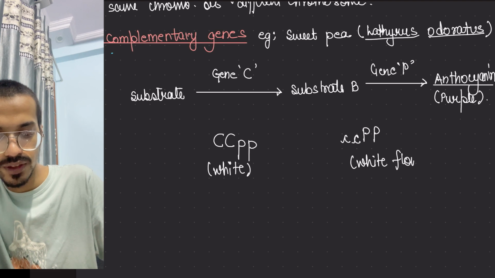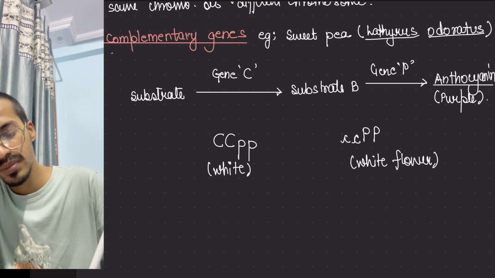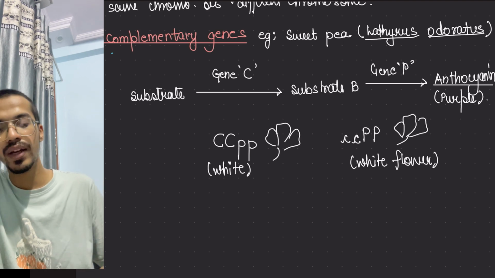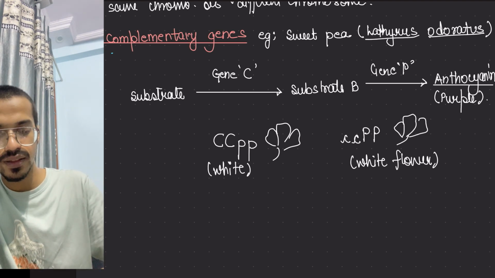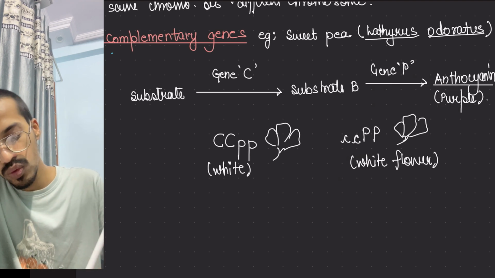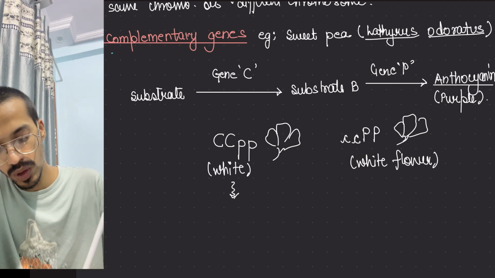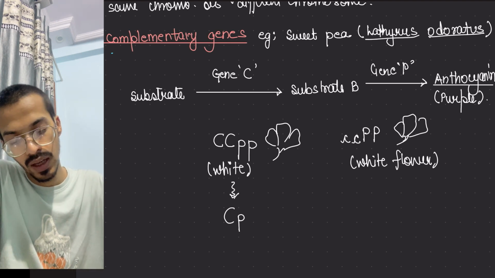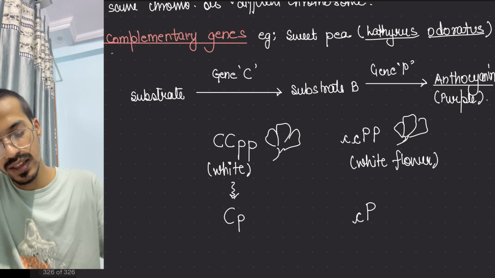I am just making a flower like this. Now they will make gametes: capital C, small p, and small c, capital P. So these are the gametes.